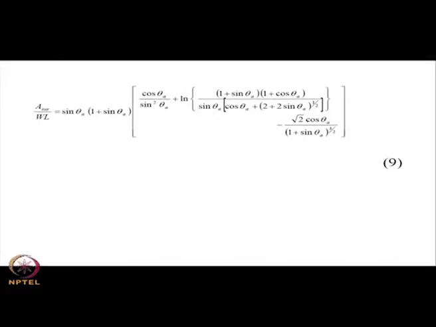I shall include companion notes as far as the equations are concerned, and you can have a look at that in case my quick writing has some mistakes, so it can be corrected.